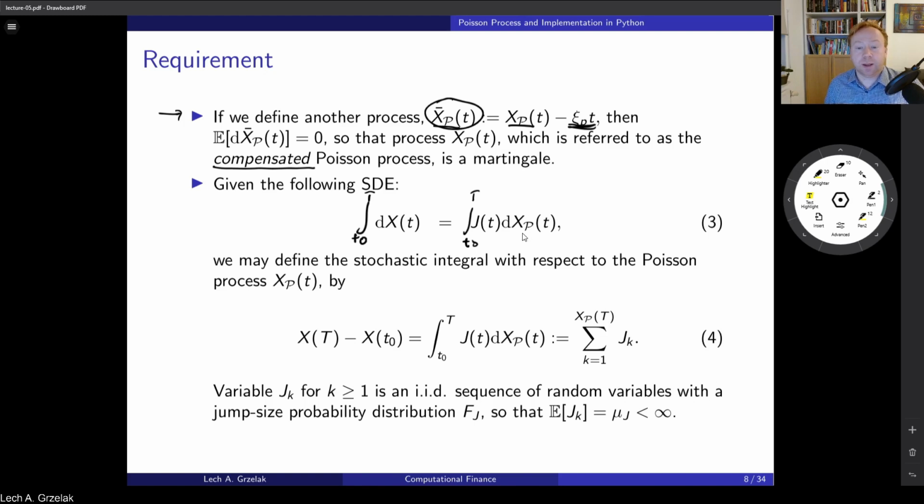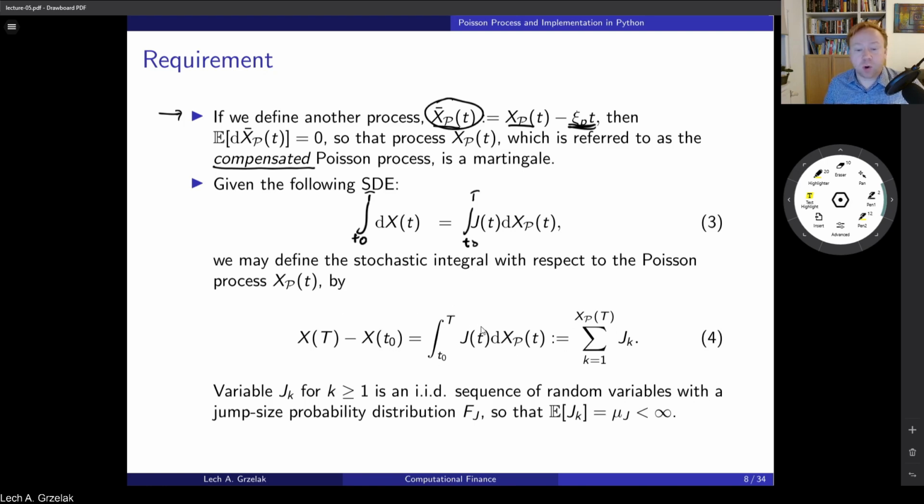As you remember, Xp(t) tells us how many jumps we had until time t. We have to count all the jumps with a certain magnitude, because the magnitude is not 1. Even this Jk could be a random variable, but we count all of those jumps. So this is the relation between integral and summation.